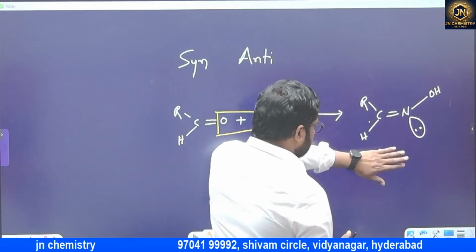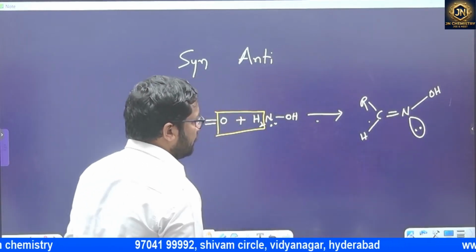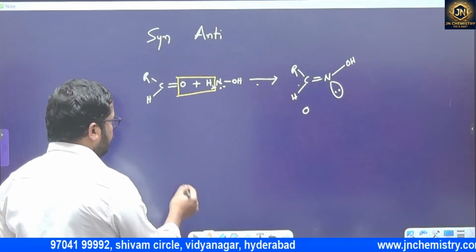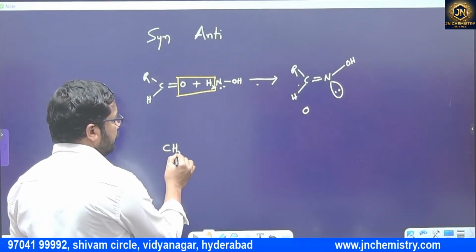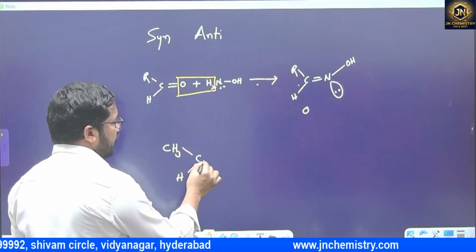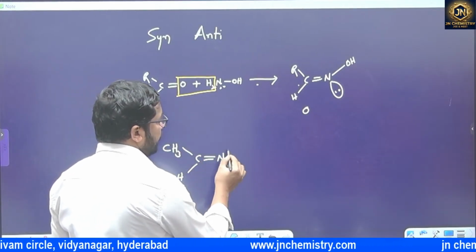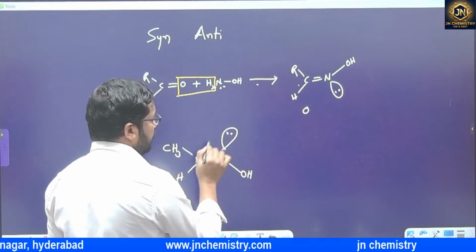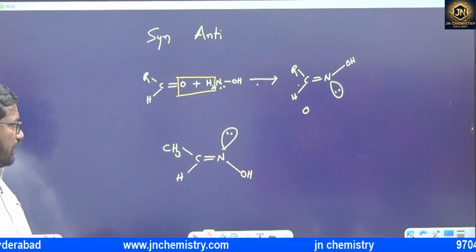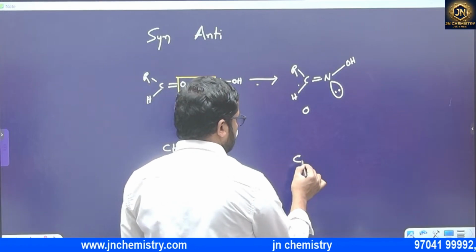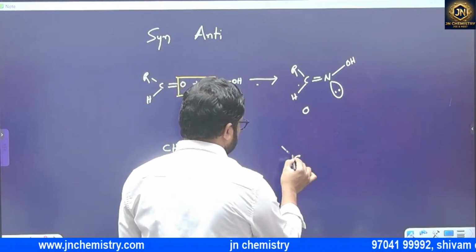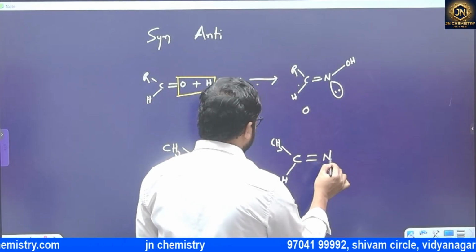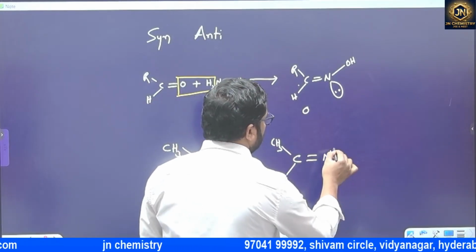These oximes show geometrical isomerism. Syn and anti, how should we say? For example, if I take CH3, C double bond O, H, I am directly writing it: one with OH and a lone pair, and the other, CH3, H, double bond N, lone pair here, OH.